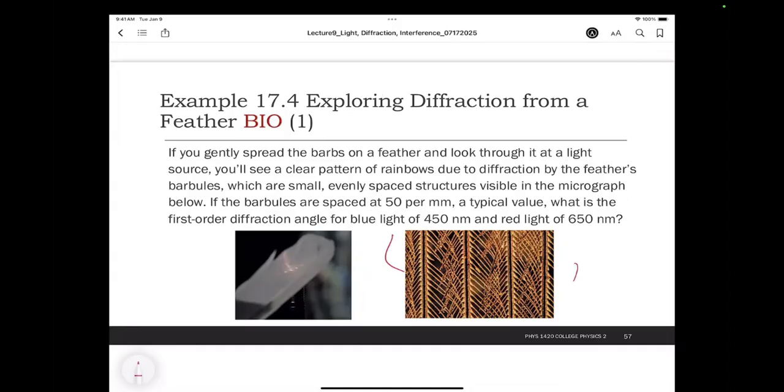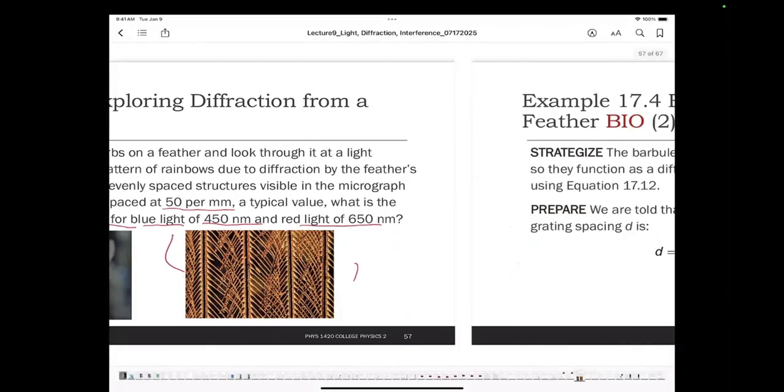If the barbules are spaced at 15 per millimeter, a typical value, what is the first order diffraction angle for blue light of 450 nanometers and red light of 650 nanometers?